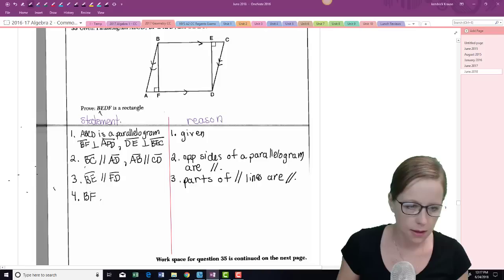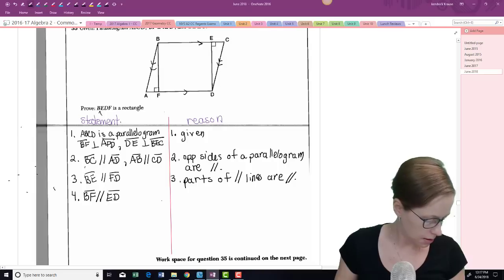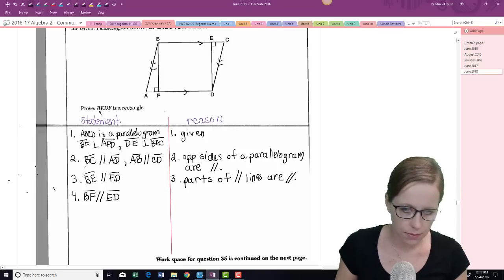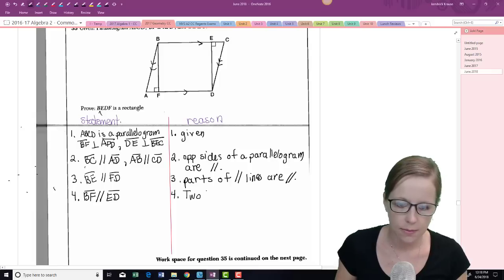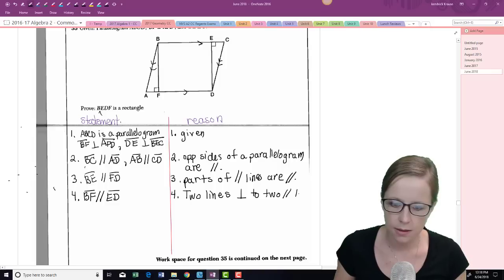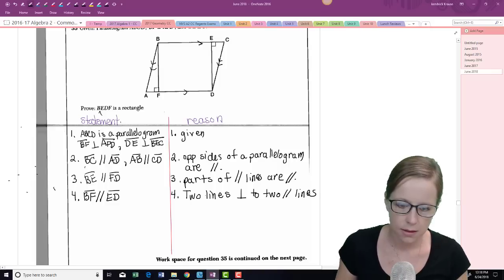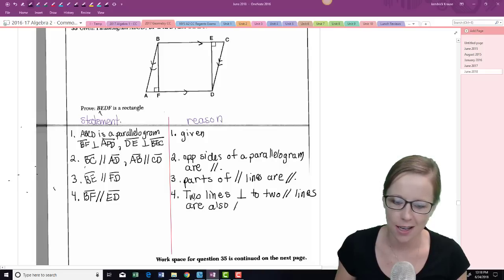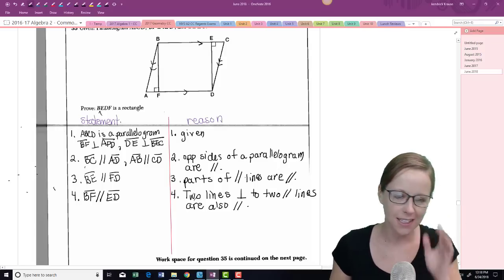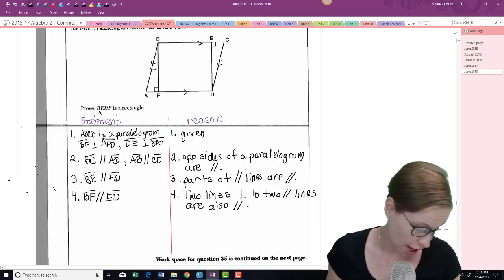BF is parallel to ED, because two lines perpendicular to two parallel lines are also parallel. Oh, I just said it how my college professor says it. Parallel. She always emphasized a different part of the word parallel. Parallel. It's funny. She's great also.